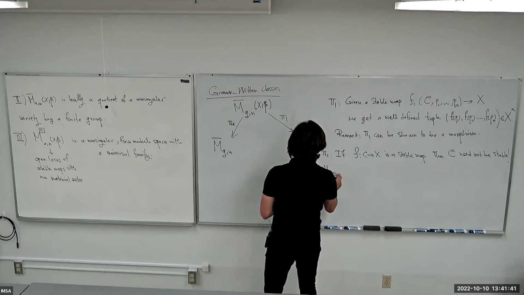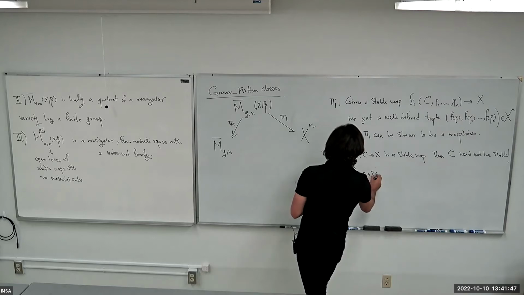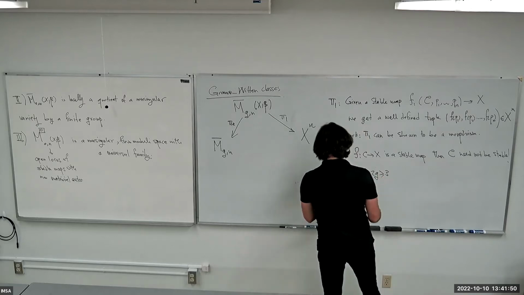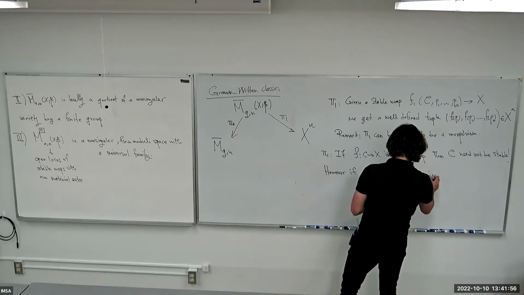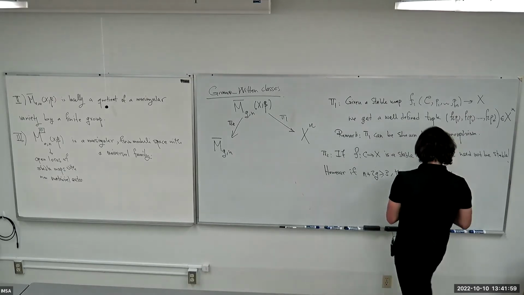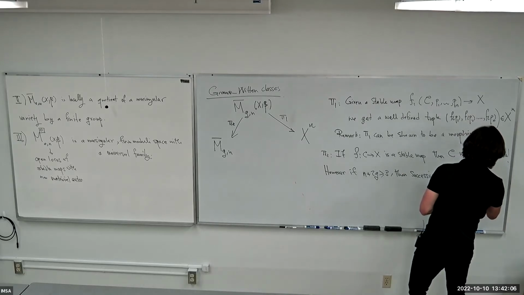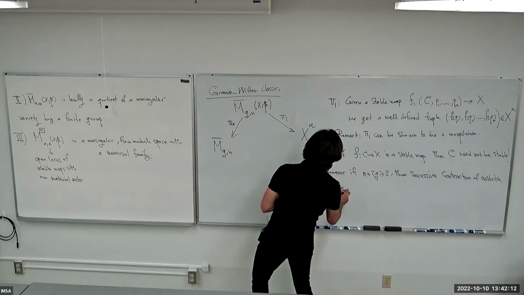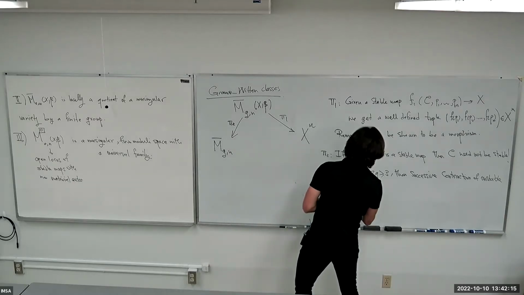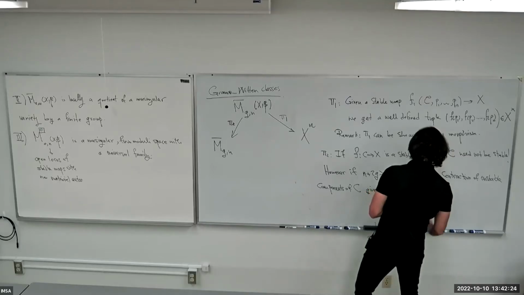However, if n plus 2g is bigger than or equal to 3, then successive contraction of unstable components of C gives us a stable curve. Let's call it C tilde.